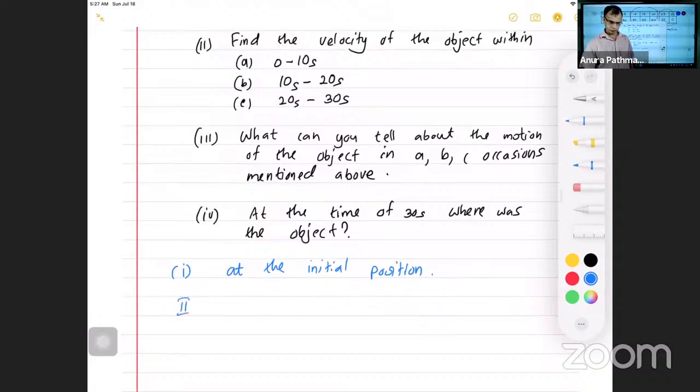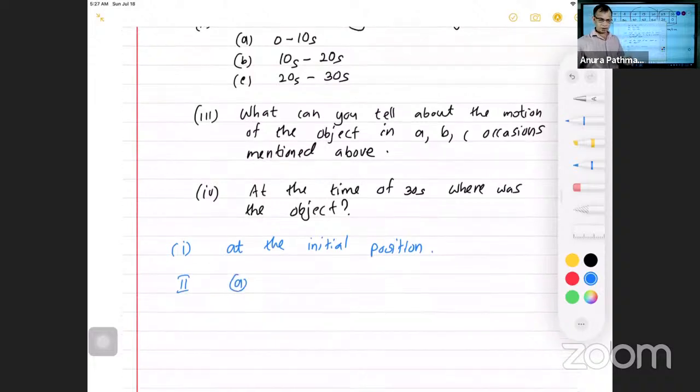Part 2. Sample A, 0 to 10 seconds. So you want to find out the velocity.